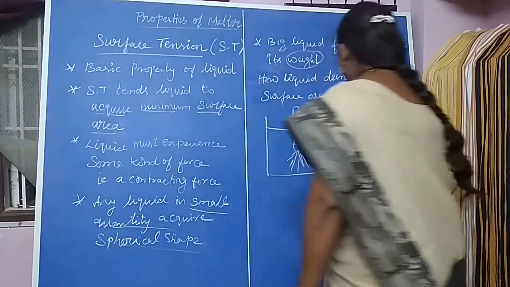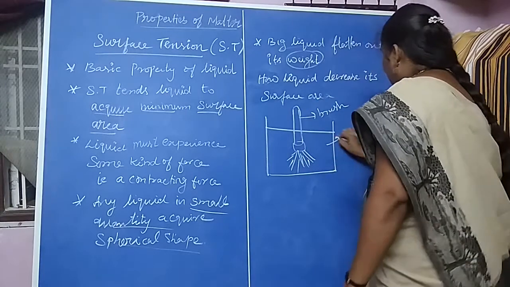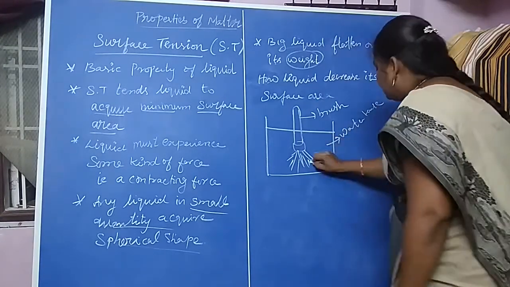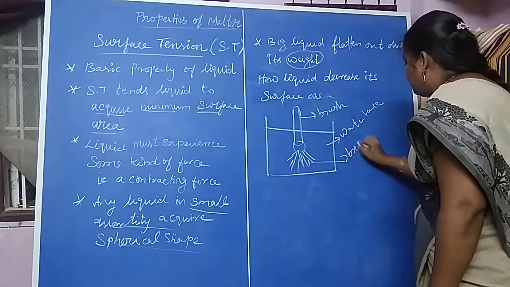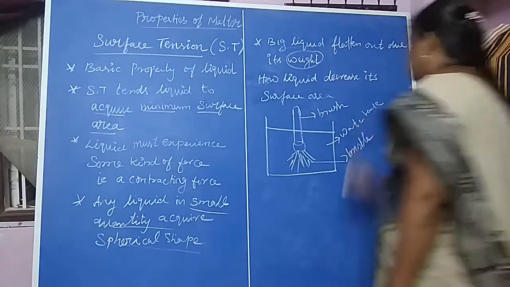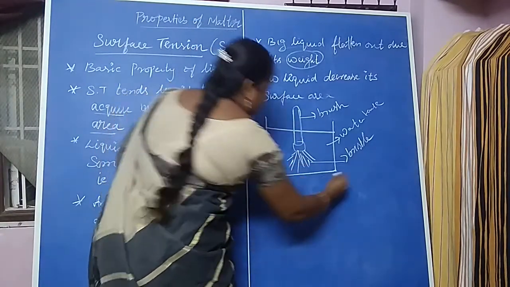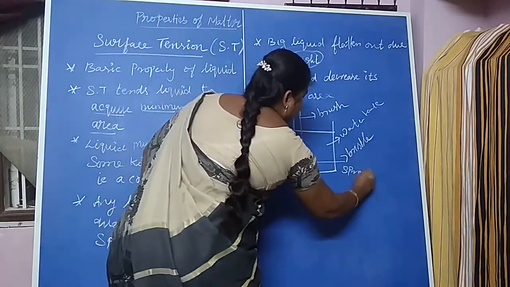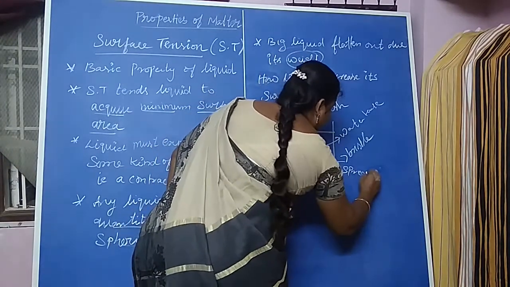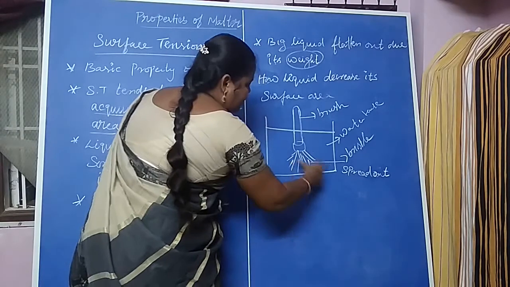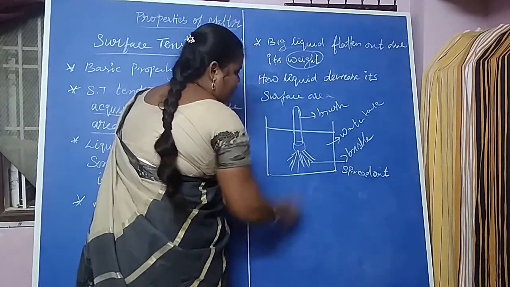This is a brush, this is the water tank, and these are the bristles. When you dip the brush into the liquid, what will happen? The bristles are spread out inside the liquid.